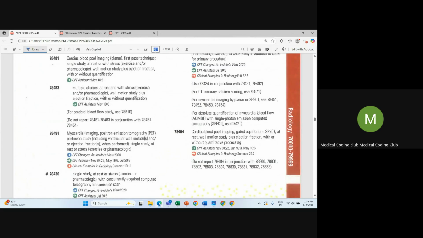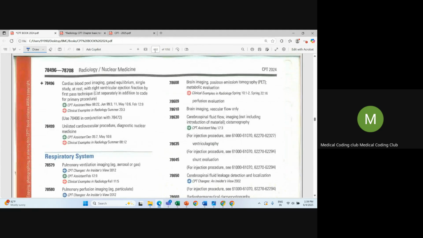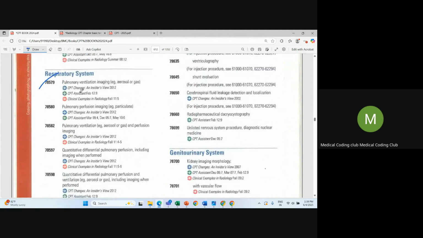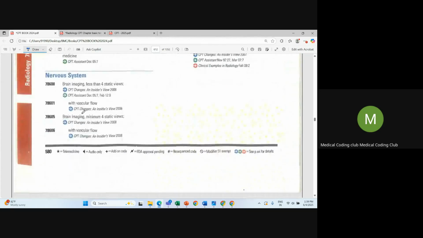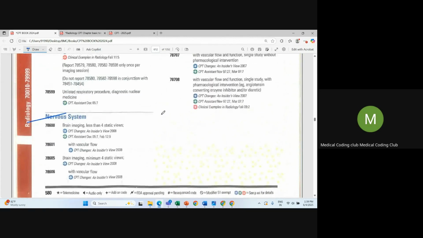Say, for example, if you want the nervous system, okay, so here is respiratory, genitourinary, nervous system. In a previous video I already explained that in the current year CPC exam, they asked about brain imaging. Brain imaging, exactly 4 static views. The question is about the brain, 4 static views they have taken.